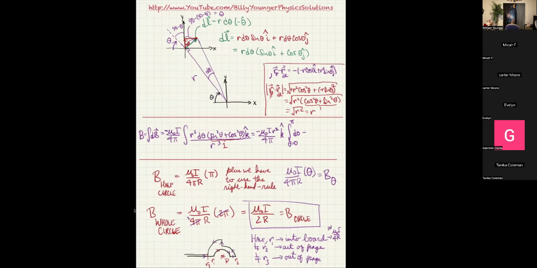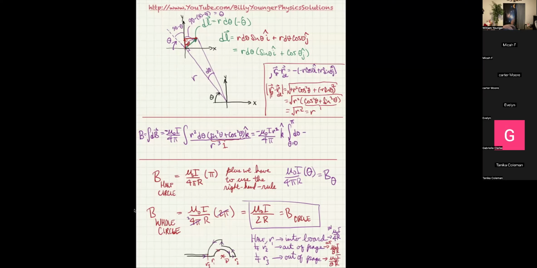And then these other guys are supposed to be out, but this one's a quarter circle. So you're going to have mu 0 I over r, but instead of a pi on the top, you're going to have a pi over 2 on the top with a 4 pi on the bottom. So that's going to make it over 8. And the same thing with this one: mu 0 I over 8r.